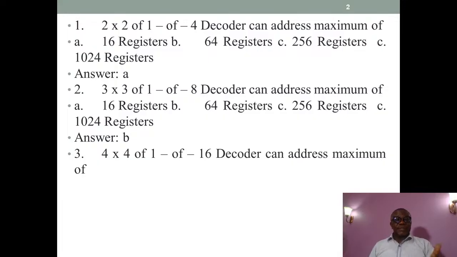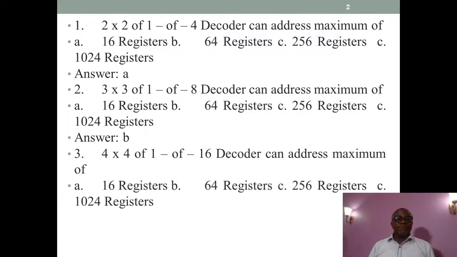So in this one, you can now convince yourself that the maximum you can address will be 16 times 16, which is I think 256. So you can see the maximum you can address is 256, which we shall see.